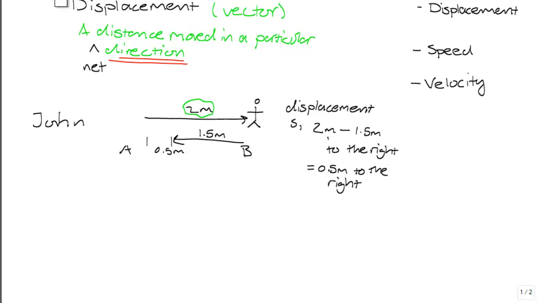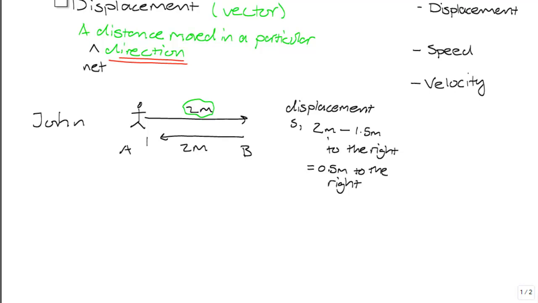So imagine what would happen now if, instead of moving 1.5 meters back from B to A, he moved 2 meters from B to A. In other words, he came back to his original starting point. So John is back right here. What would his displacement be? And the answer is the same.